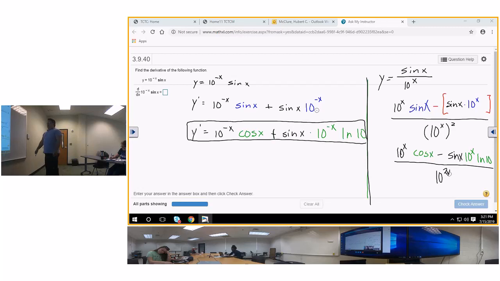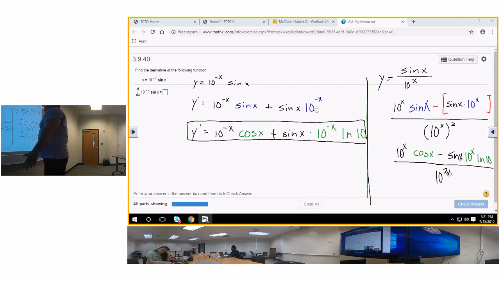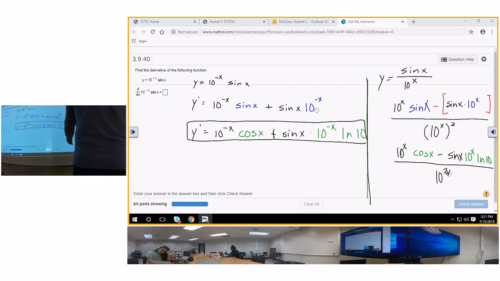Okay? Factor out a 10 to the x, and you're going to get 10 to the x, and the 10 to the x is going to cancel, and that's going to leave 10 to the x. Bring that back up, and you're left with 10 to the negative x times the cosine of x plus the sine of x, natural log of 10.